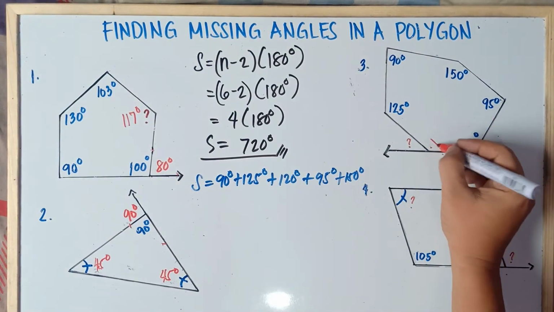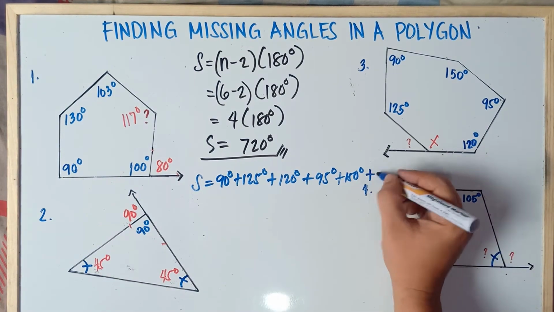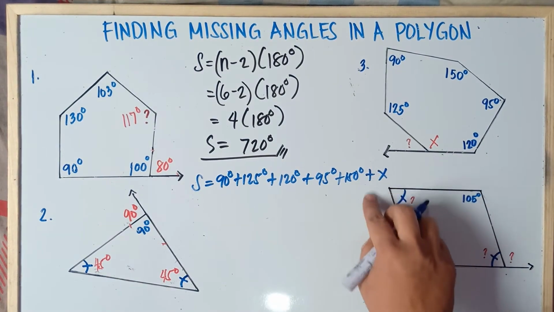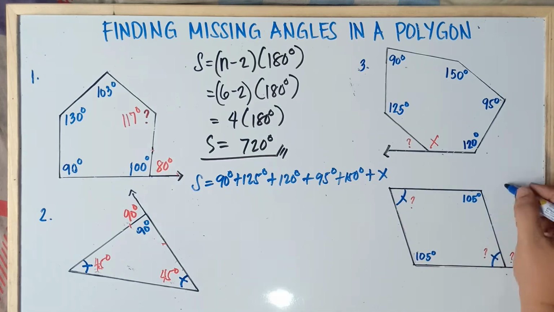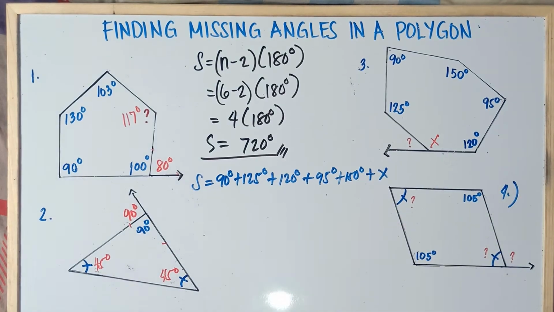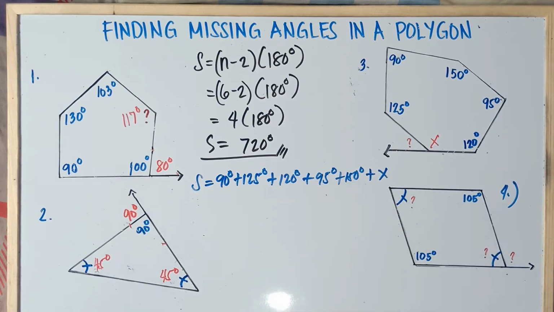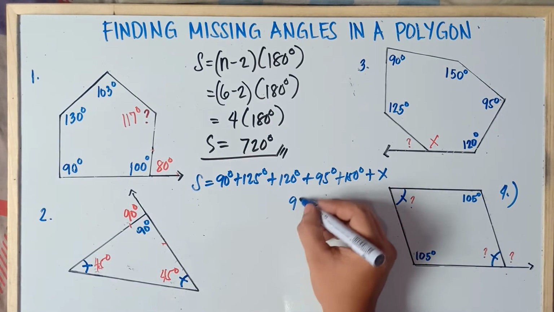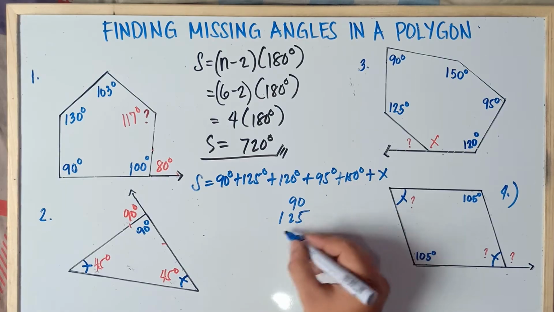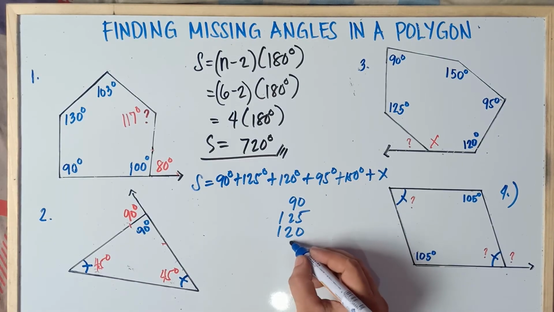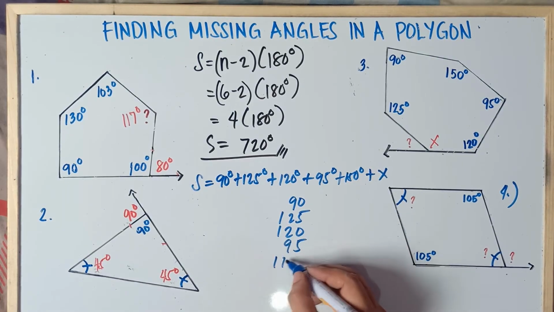So this is x. Alright, so let me just erase number 4, class, for us not to be confused. So add this up, class: 90 plus 125 plus 120 plus 95 plus 150.